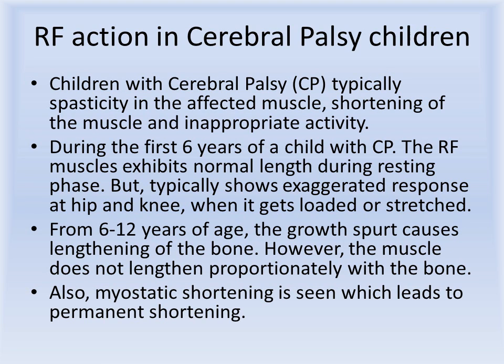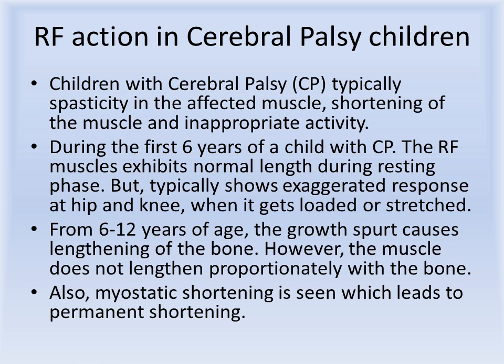In kids with cerebral palsy, the rectus femoris exhibits normal length during the first 6 years of the child, when there is no growth spurt. But when the child loads his leg, that is in weight bearing, standing or walking, the rectus femoris shows an exaggerated response.